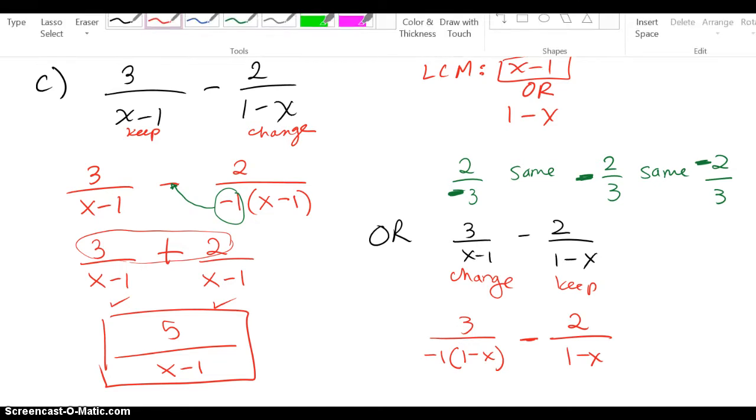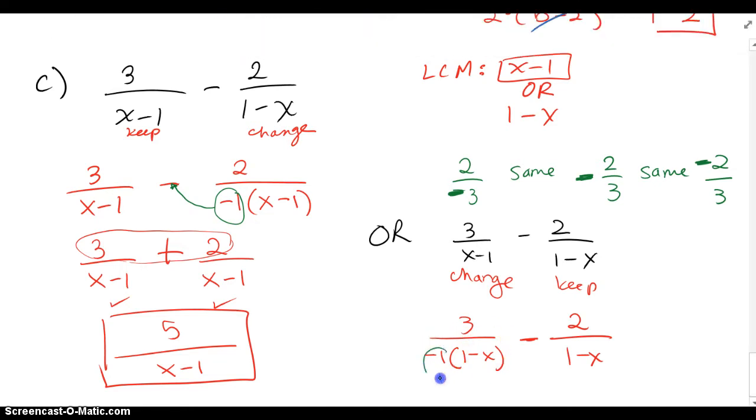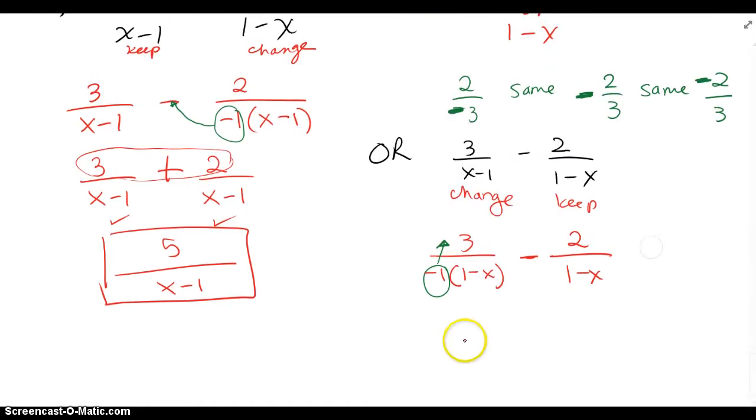And what I'll do is I'll take this negative and make it float upstairs. When I do that, I end up with -3 over 1 minus x minus 2 over 1 minus x, which is going to give me my check common denominator.